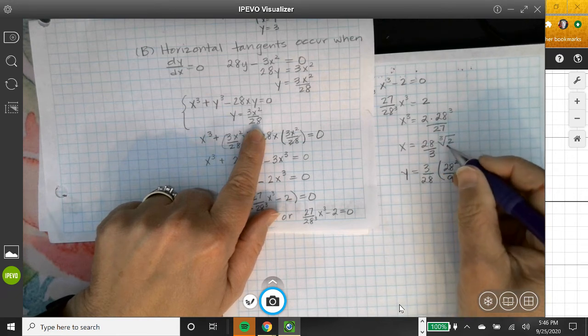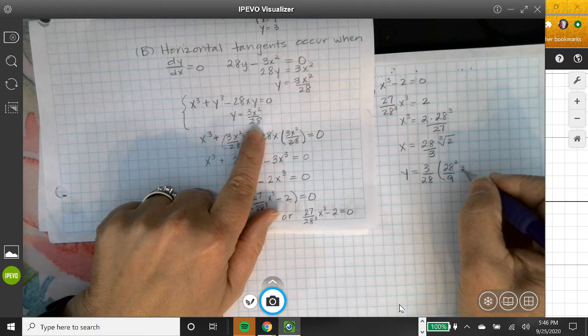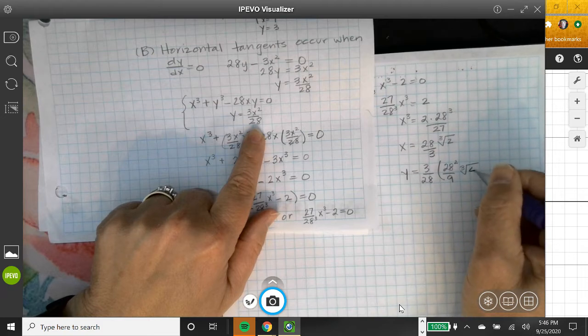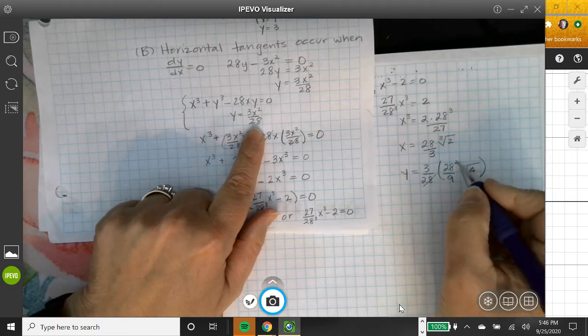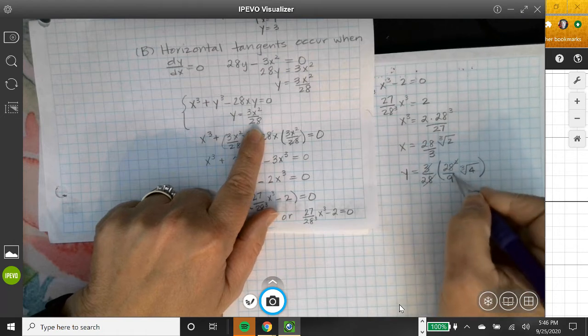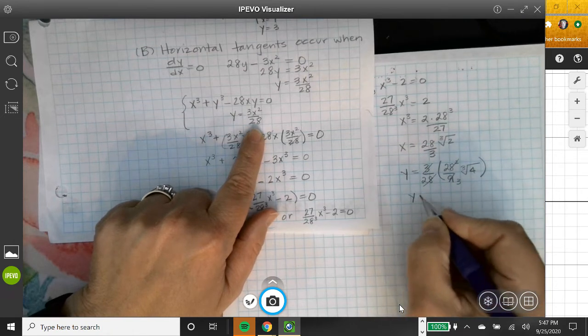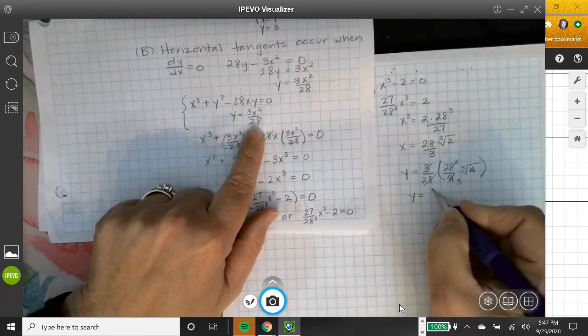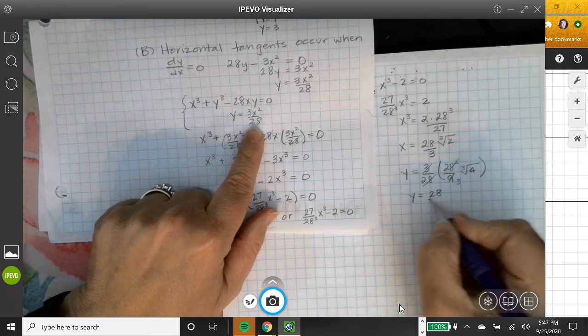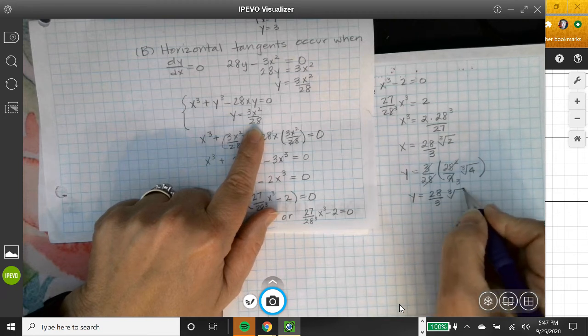And if I square the cube root of 2, that's going to be the cube root of 4. And then I can cancel one of the 28s, and then I can get this to be a 3. And so y is going to equal 28 over 3 cube roots of 4.